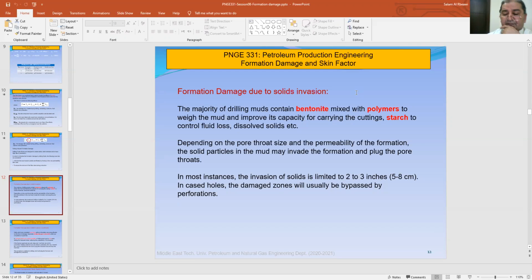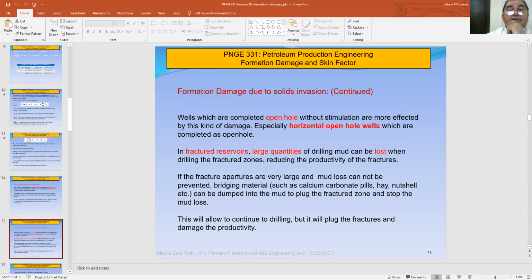So what I'm saying? Now, the solid invasion and the damage caused by the solid invasion could be more harmful for horizontal wells. Okay.